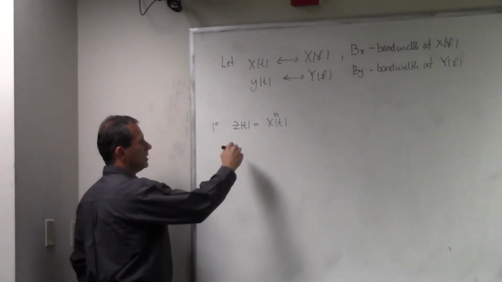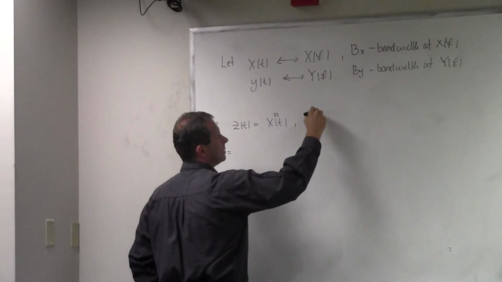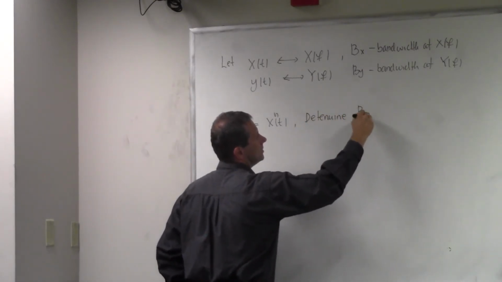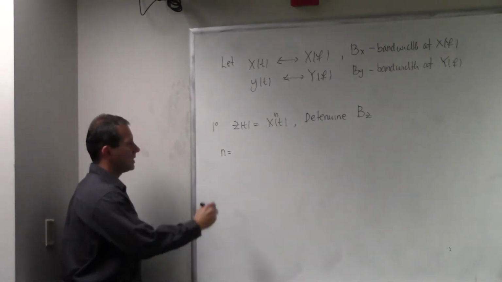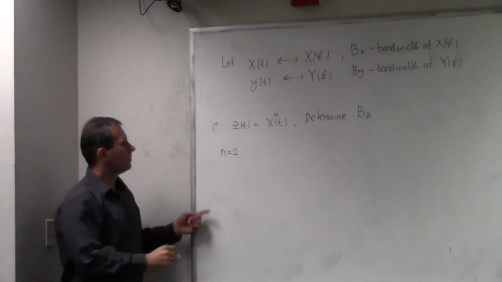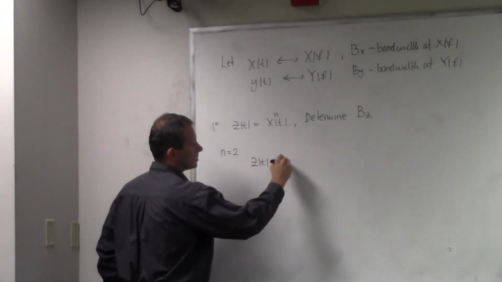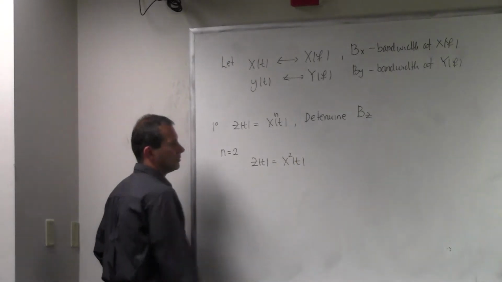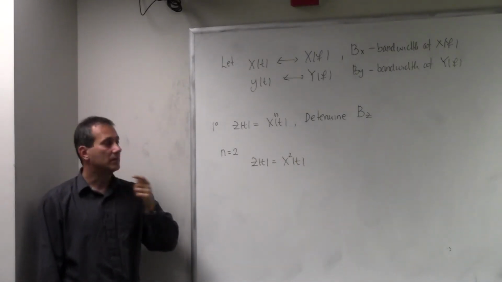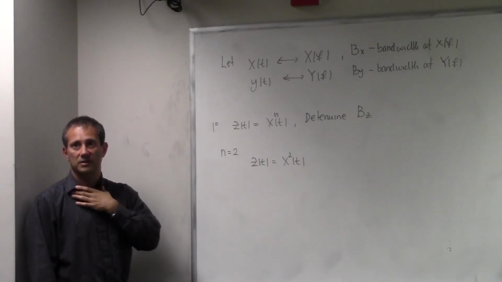Let's look at the special case n equal to 2, so z of t is equal to x squared of t. I'm looking at the bandwidth of x squared of t, if the bandwidth of x of t is equal to bx.